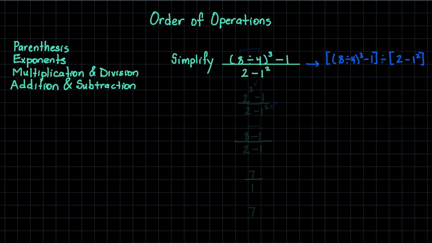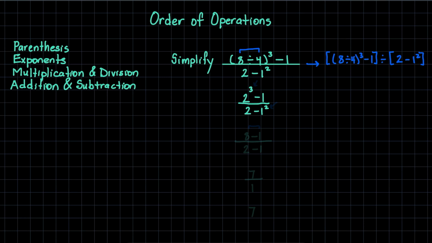I have a grouping here. 8 divided by 4 is 2. So I've got 2 cubed minus 1 all over 2 minus 1 squared. I know a fraction bar is a grouping, which means I need to do everything in the top and everything in the bottom separately.